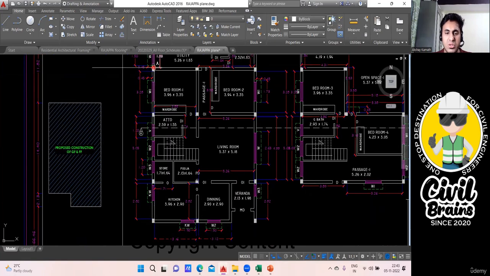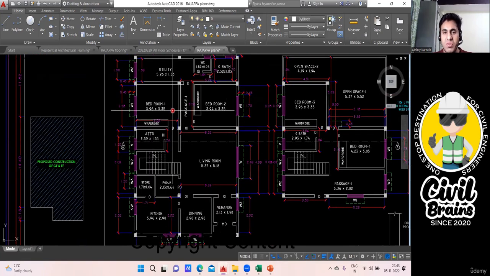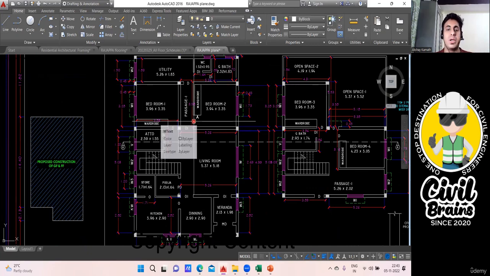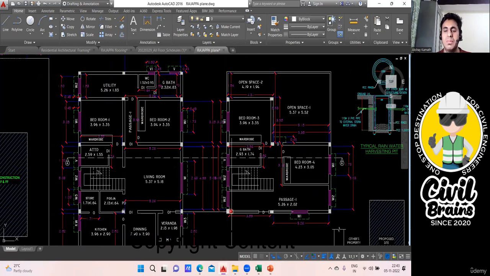See, window is only in this portion, in this portion, in this portion. Whereas inside, you don't have any window. If there is no window, there is no sill concrete. So for the internal portion, I don't have to find any sill concrete. Only the external portion, all the windows are coming. That is why I need to calculate only the external portion.